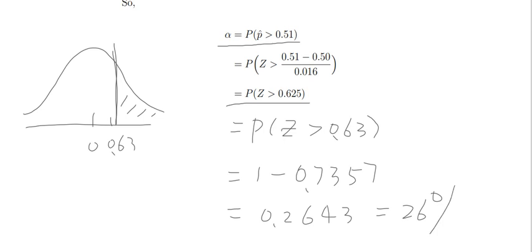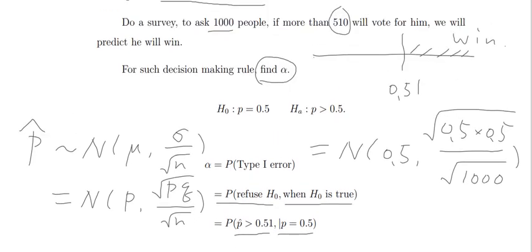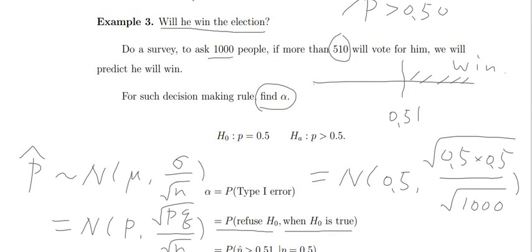So this alpha is quite big. This 26% is quite big, right? This means that based on this decision-making rule, we have about a 26%, or 25%, chance of making a mistake.